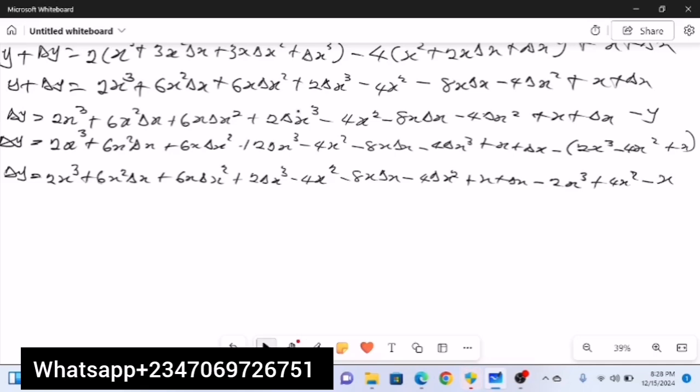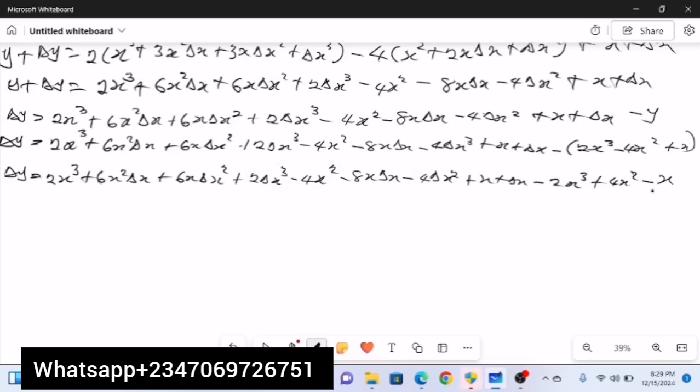So let's observe that over here I have 2x to the power of 3, and over here I have minus 2x to the power of 3. So obviously these two cancel out. Similarly, I have minus 4x squared, and I have plus 4x squared here, so these two also cancel out. Then again I have plus x here, and I have minus x here, so those two also cancel out.